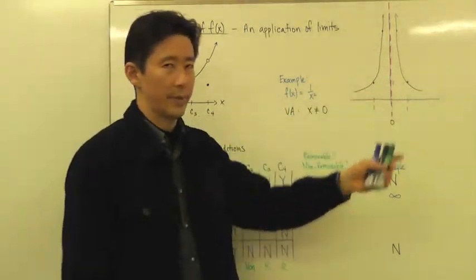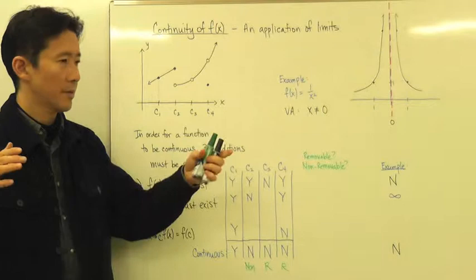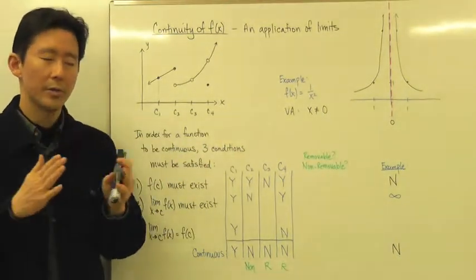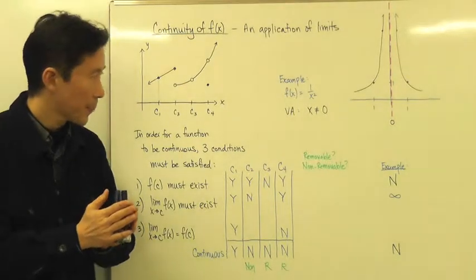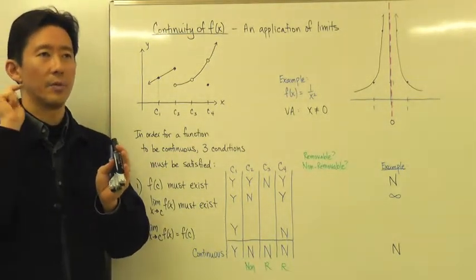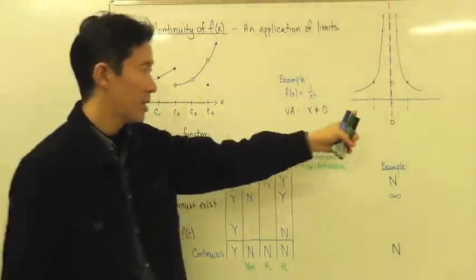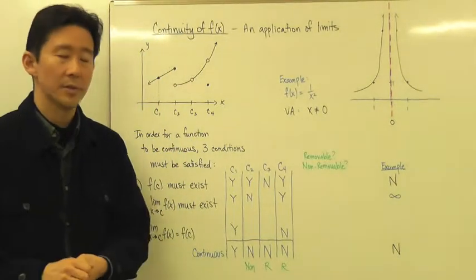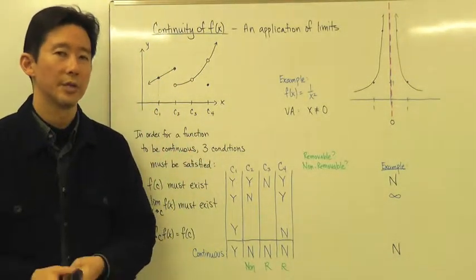But the interesting thing about this, and the reason why I put this particular example on there, is that it's going to get closer and closer. We always say that it's getting closer and closer to the vertical asymptote. Shouldn't there be a point where you can put one point on the y-axis so that you would join the two parts of the function?